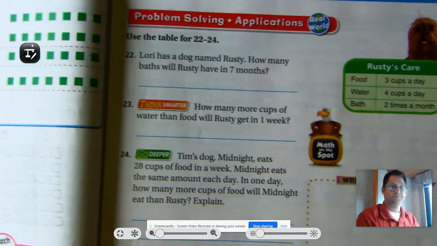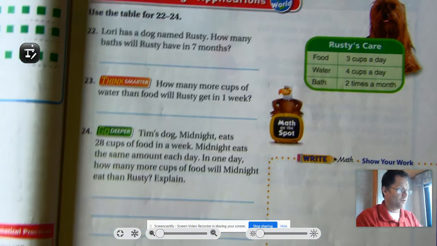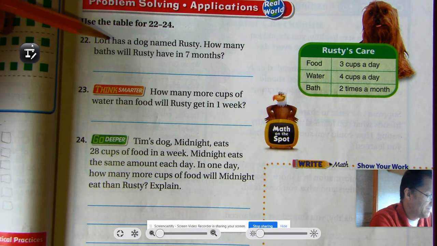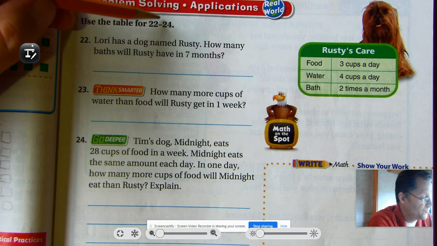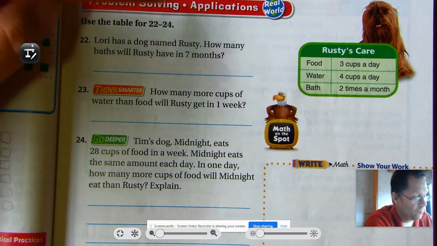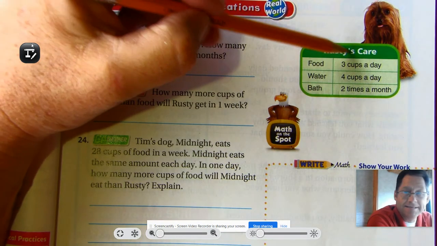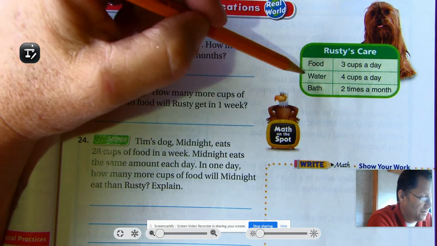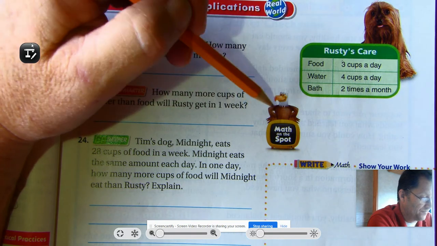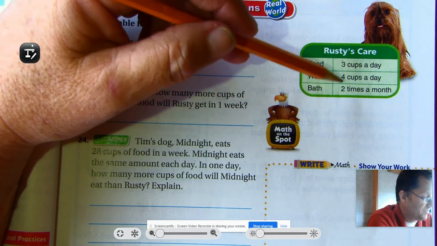22. Lori has a dog named Rusty. How many baths will Rusty have in 7 months? And it says use the table for 22 through 24. So our table says Rusty's care. Food, he gets 3 cups a day. Water, he gets 4 cups a day. And a bath, he gets 2 times a month.